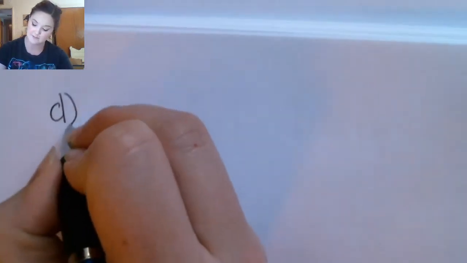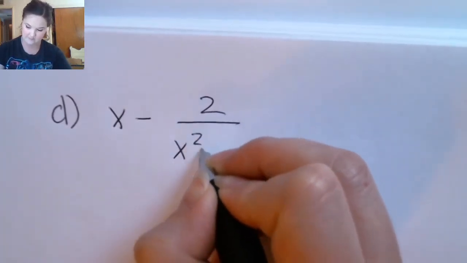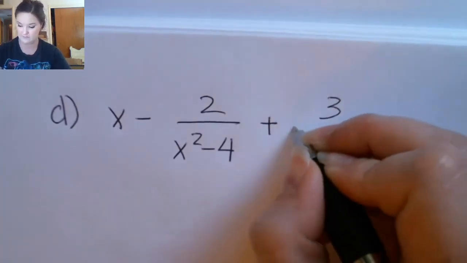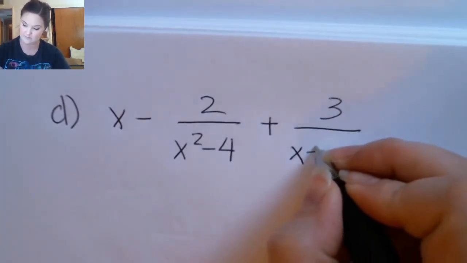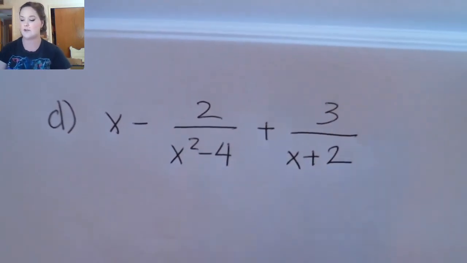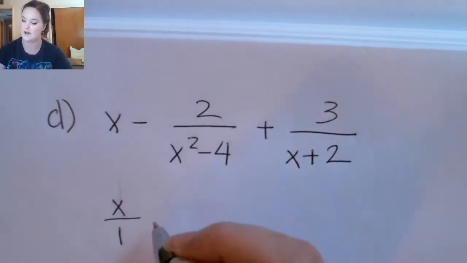Okay, let's look at one more with something that isn't a fraction. I'm going to factor this in hopes of finding an LCD, and I'm going to turn this into a fraction.